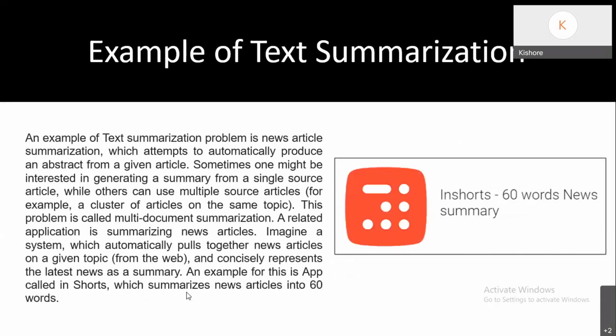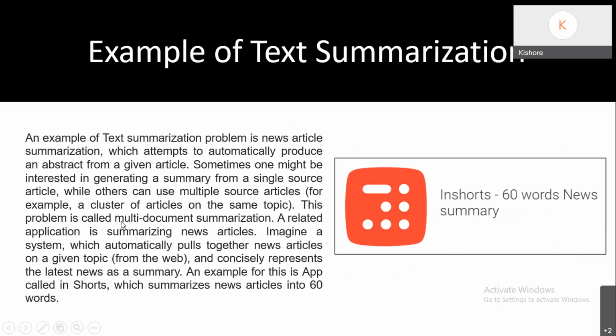Fine. Let us talk about an example: the news article summarization problem, which attempts to automatically produce an abstract of the given article. Someone might be interested in generating a summary of a single source article, while others use multiple source articles.